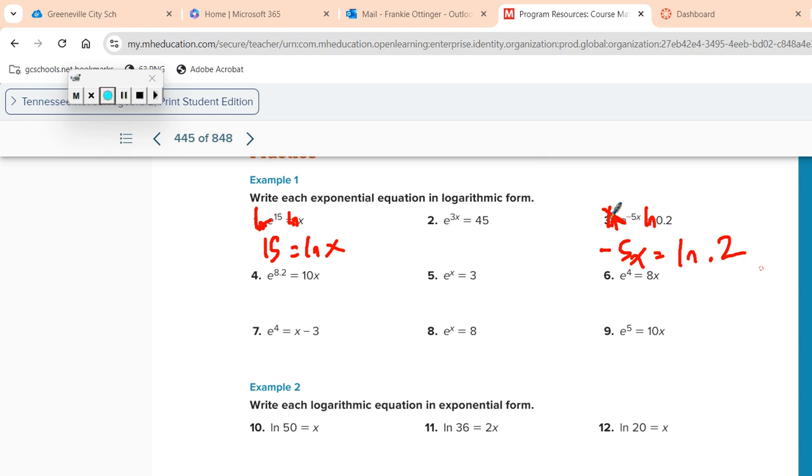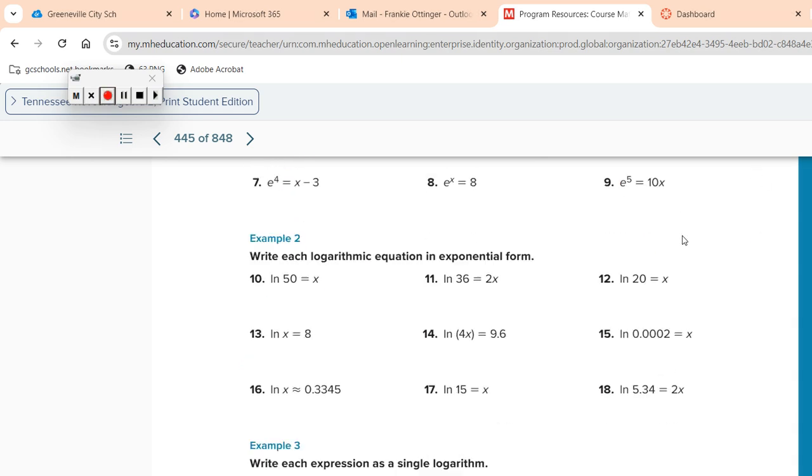Looking at some of these others, I guess I should do number 7. ln. And since that's an expression, I'm going to put that one in parentheses. ln and e goes away, and so I have 4 equals ln of x minus 3. These are not really solvable.